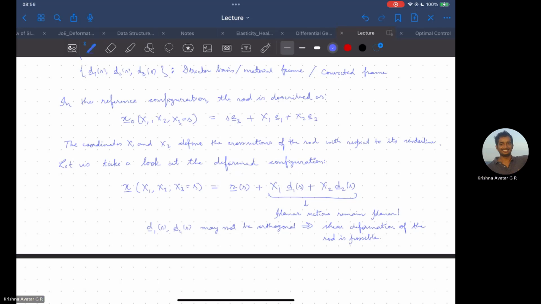And secondly, D1 of S and D2 of S are unit normed.